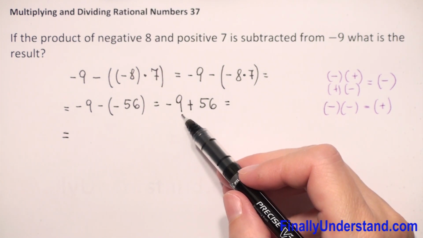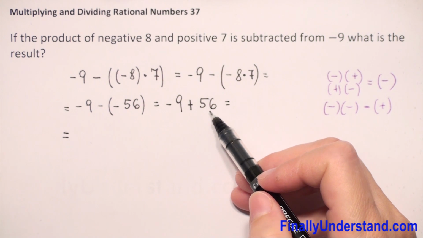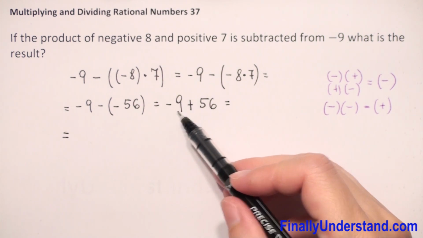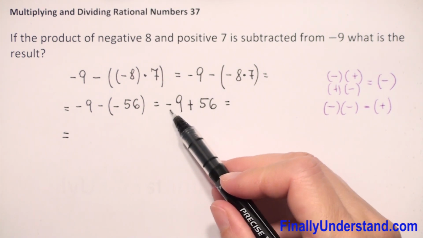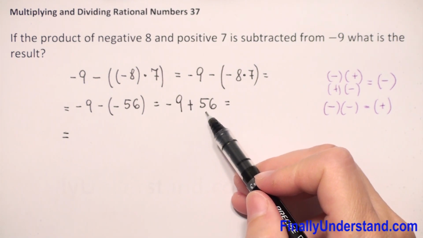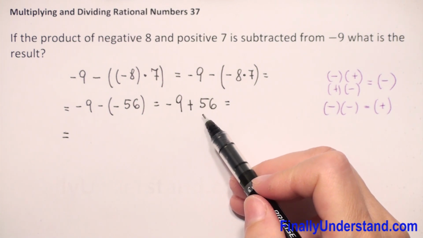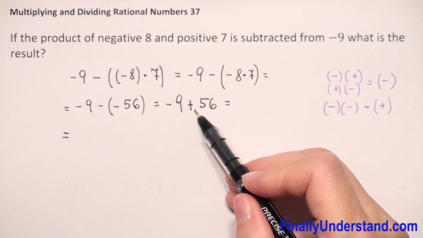So when we have addition and we have a negative number and a positive number, first we check which of these two numbers is greater. 9, we forget about the negative sign, or 56. 56 is greater than 9. So next we check the sign before the greater number, which is positive.